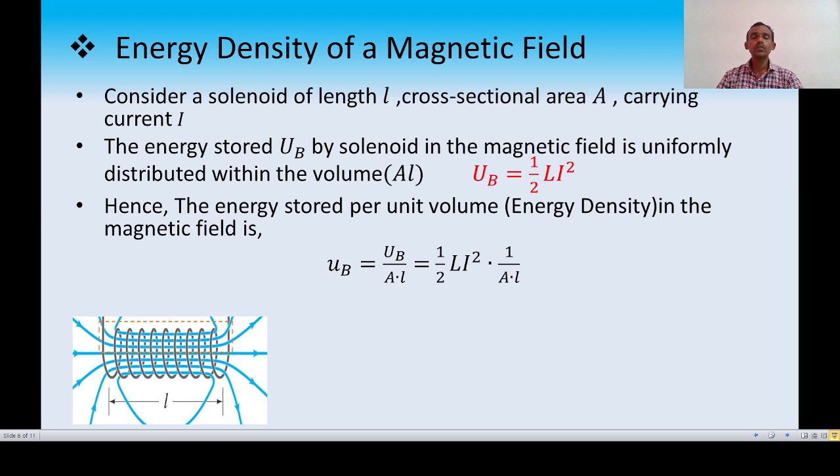Therefore, that is equal to 1 by 2 L i square. 1 by 2 L i square is the total energy stored, divided by A l. A l is the volume of that solenoid.